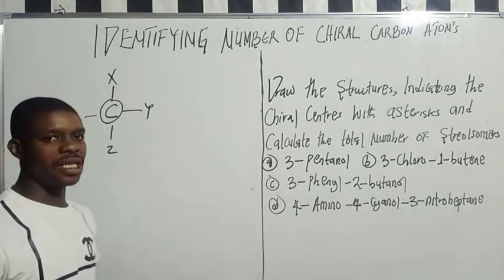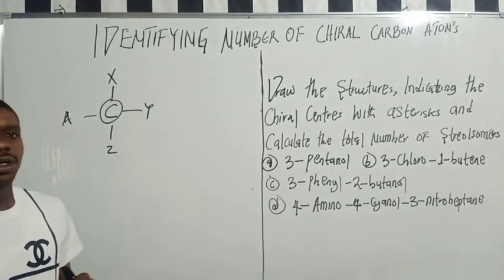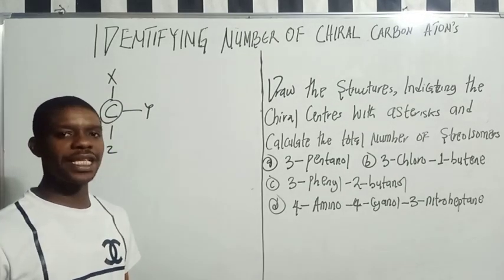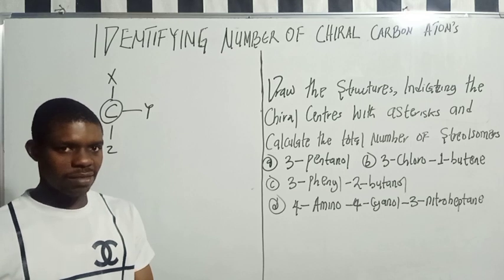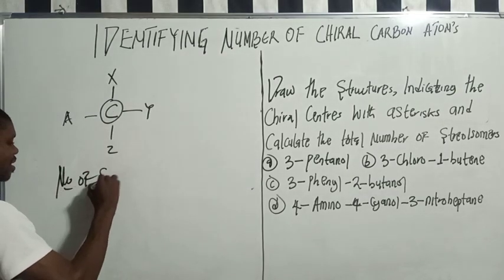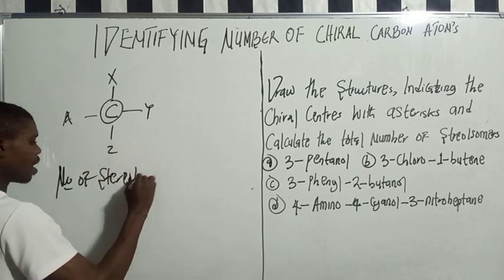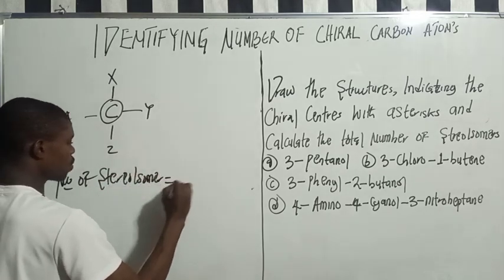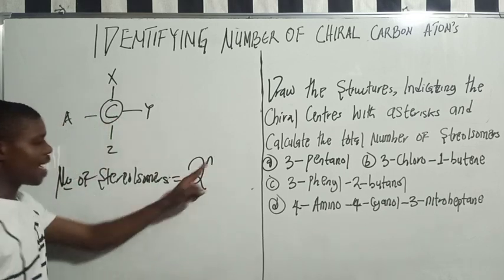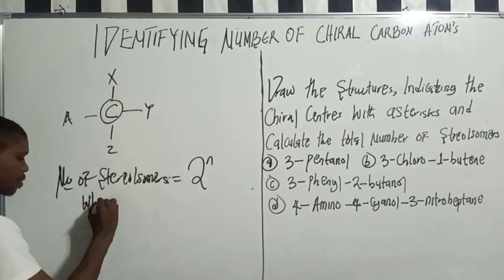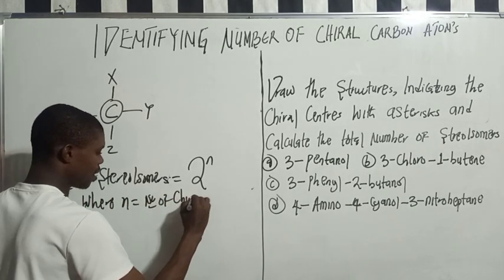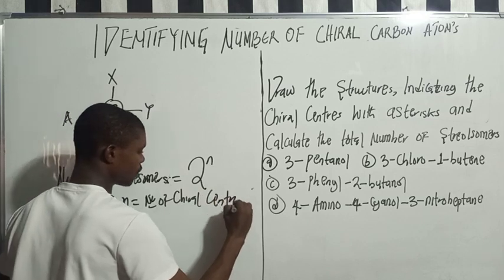Another thing you want to know is that the number of stereoisomers a chiral molecule has depends on the number of chiral centers. So the number of stereoisomers is equal to 2 raised to n, where n equals the number of chiral centers.